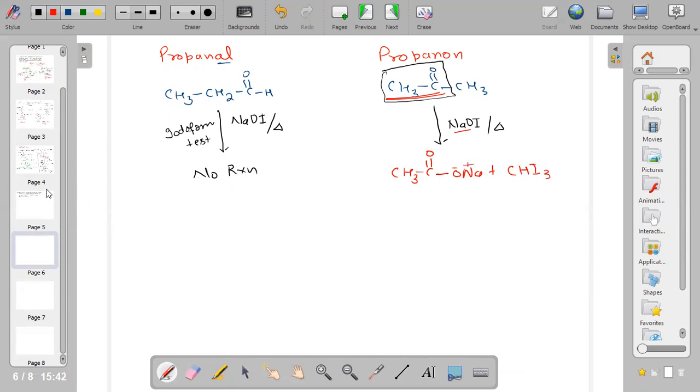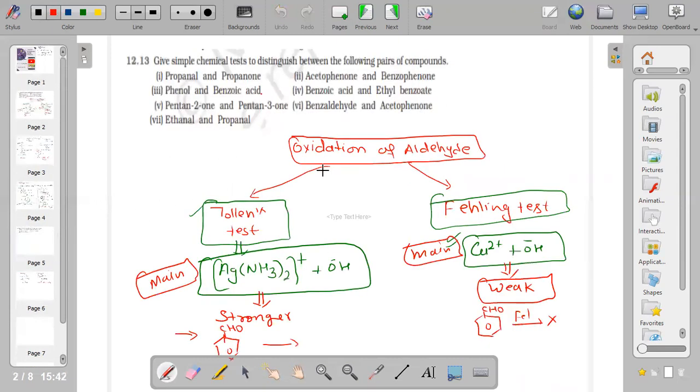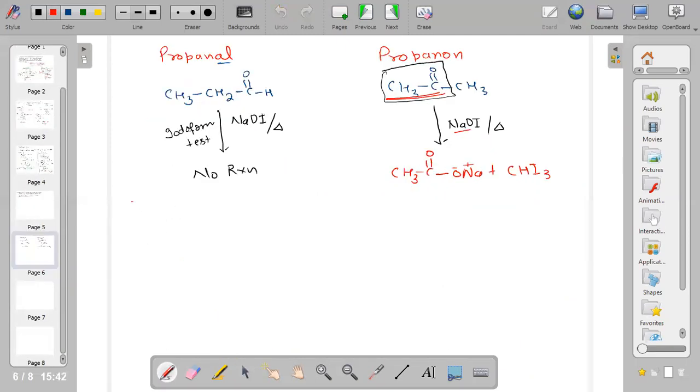Second question is acetophenone and benzophenone. Simple one. If you remember the formula, only then can you distinguish; otherwise students struggle to write the formula.